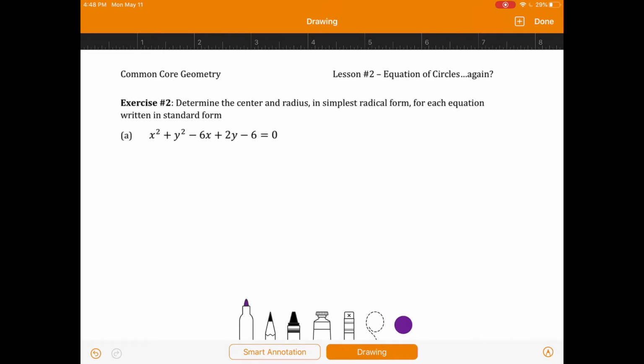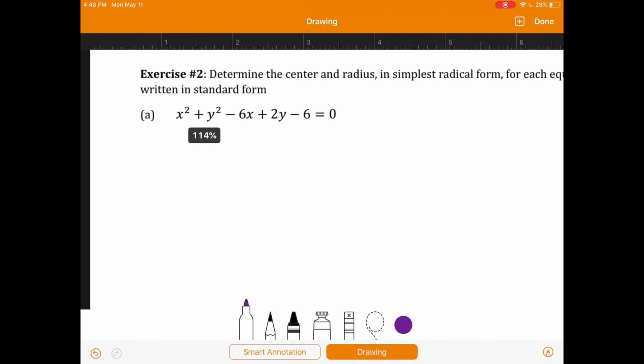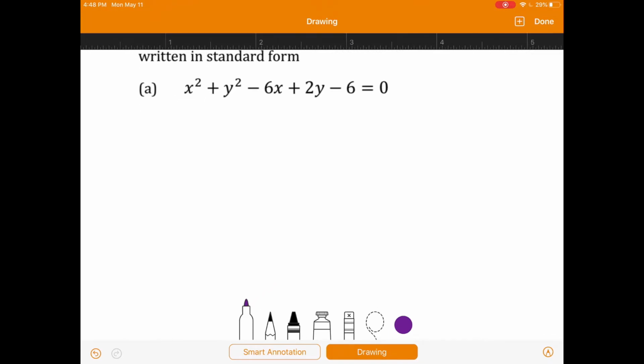Right now, I'm going to give you another one like this, and we're going to find the center and radius again. To do that, we're going to have to complete the square for both the x's and the y's. So let's do it in steps. Let's first put the x's together. We've got x² − 6x, so this and this, and we're going to leave a blank, because we know we're going to put a number there.